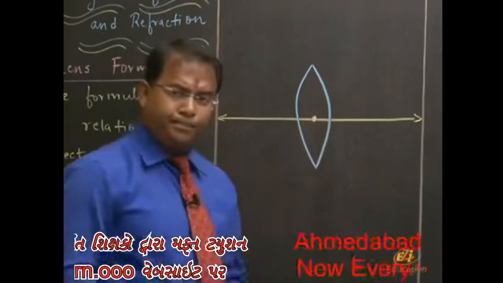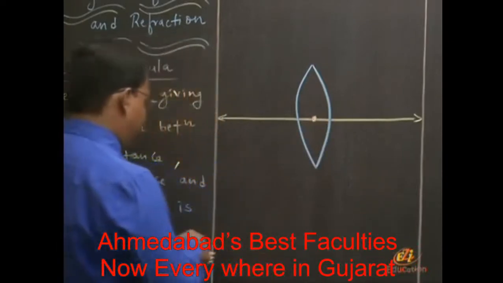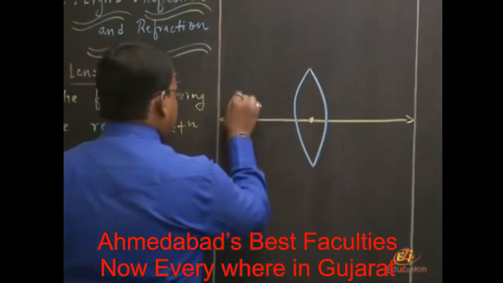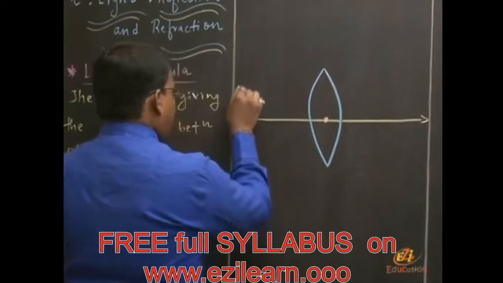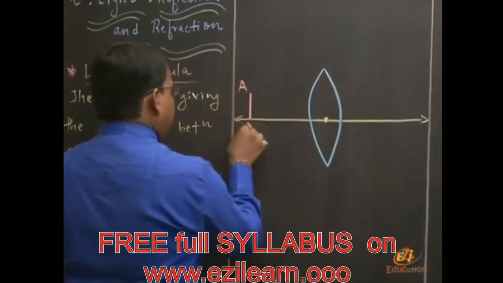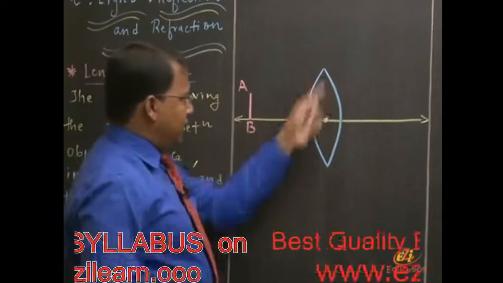And we have to take one object for the study purpose. Let us take the object as AB. This is the lens, friends.